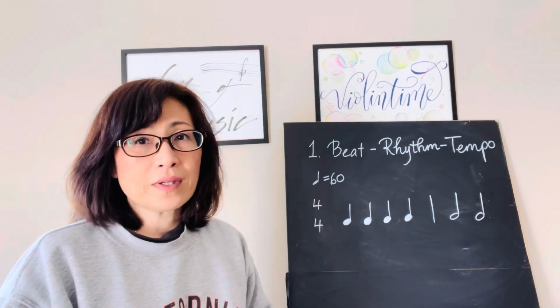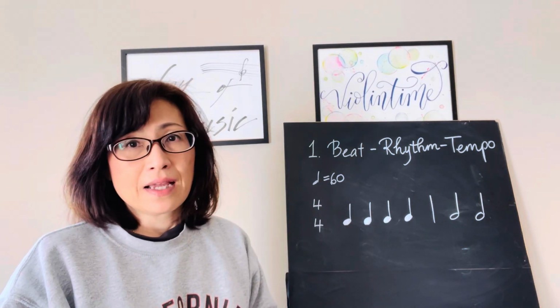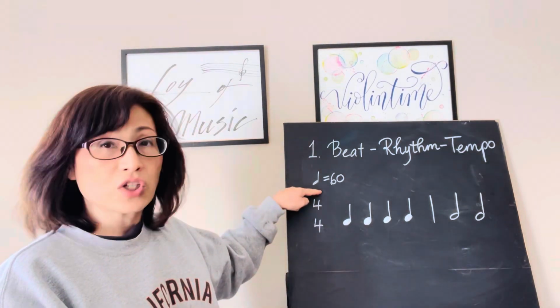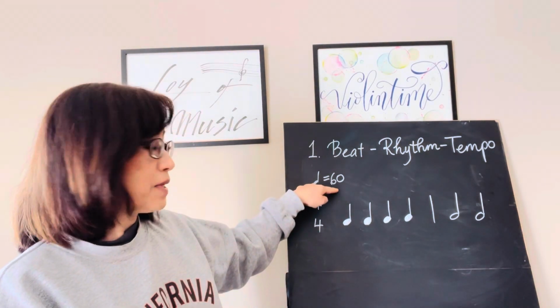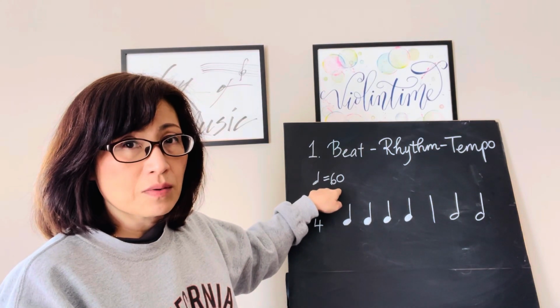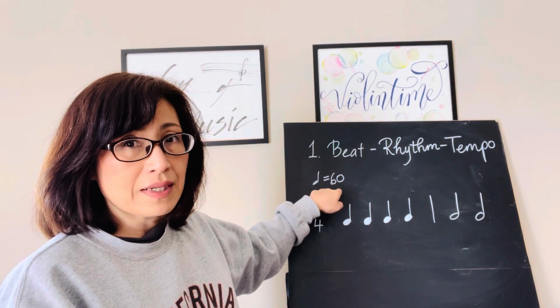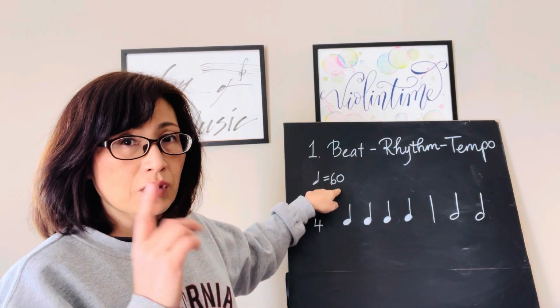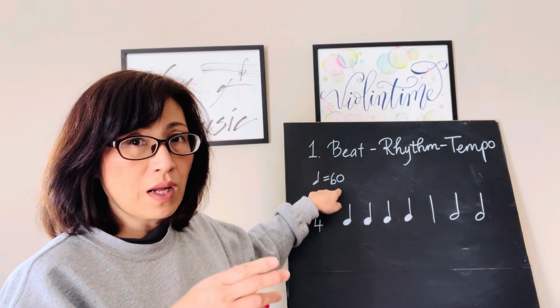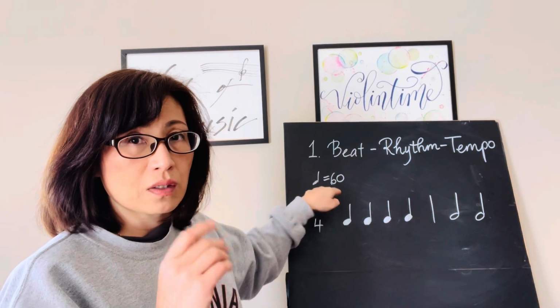And tempo is basically speed. So often there's a tempo mark, crotchet at metronome marking 60. So 60 beats per minute. So basically 1 note, 1 second.